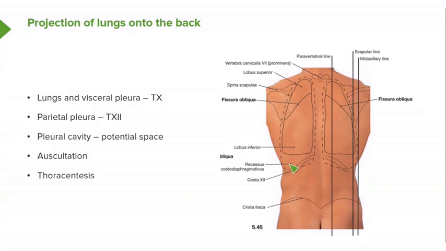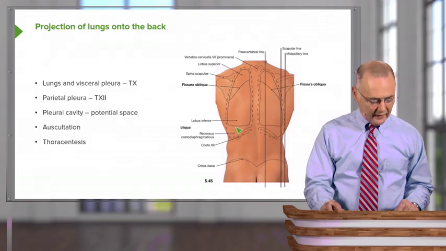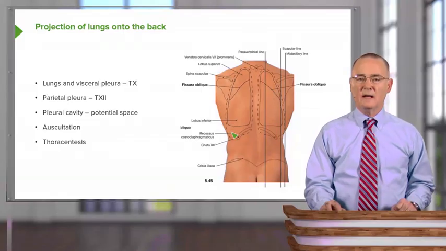Sometimes there's excessive accumulation of fluid in the pleural cavities, so the potential space becomes a fluid-occupied space, and occasionally this fluid may be due to blood accumulation. So imagine this recess right in through here between the visceral pleura and the parietal pleura, all of a sudden expanding with fluid.